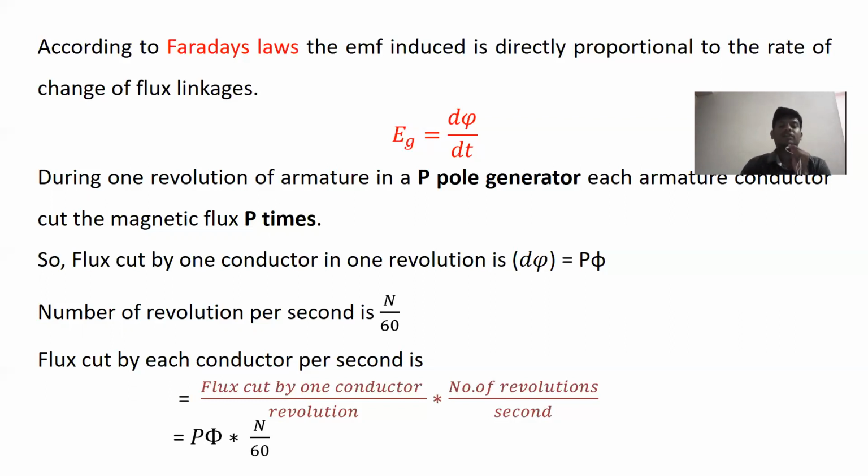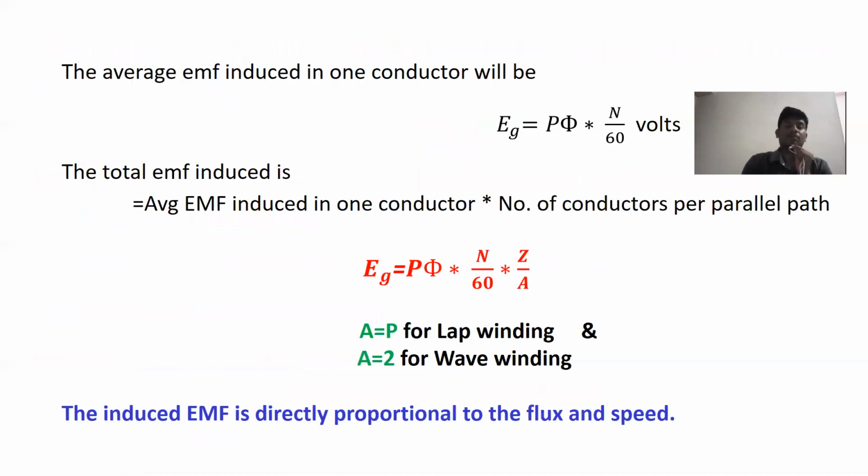The flux cut by each conductor per second is the flux cut by one conductor per revolution into the number of revolutions per second. Here the revolutions cancel, and we get the flux per second. This is equal to Faraday's second law, E equals d phi by dt. So we get the equation phi P N by 60, which is taken as the average EMF of a conductor.